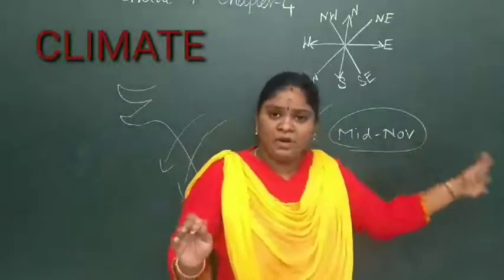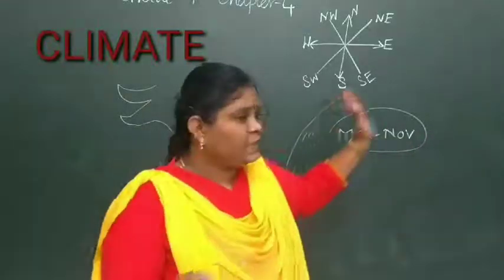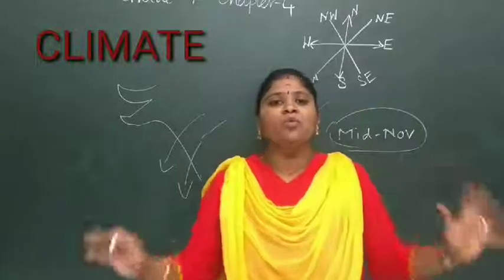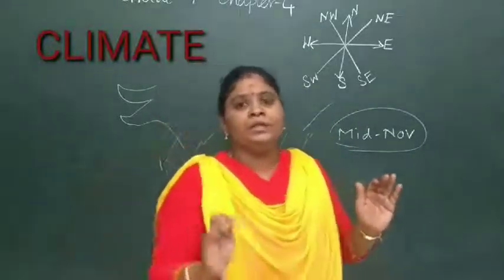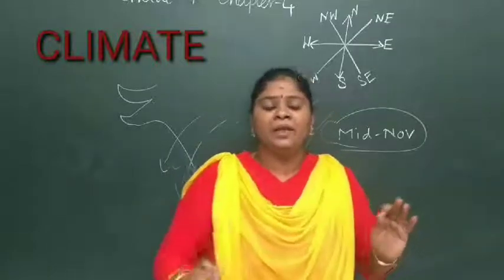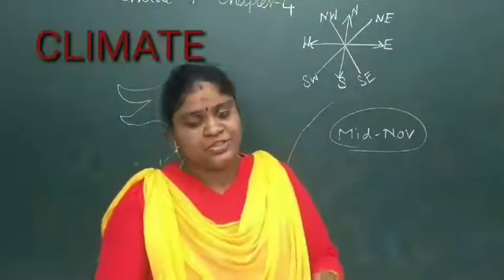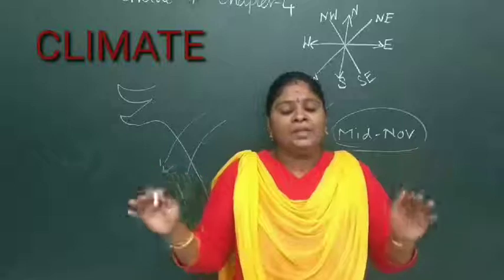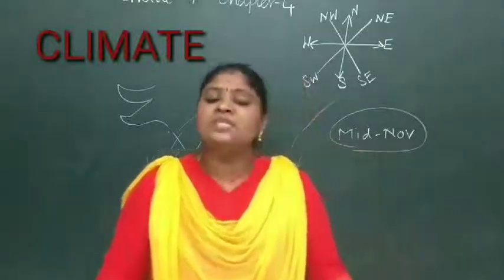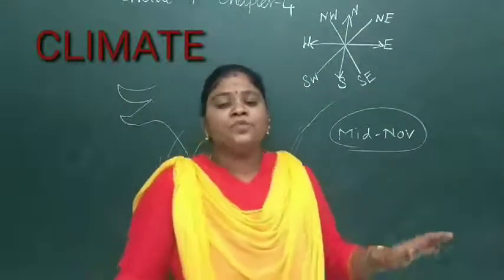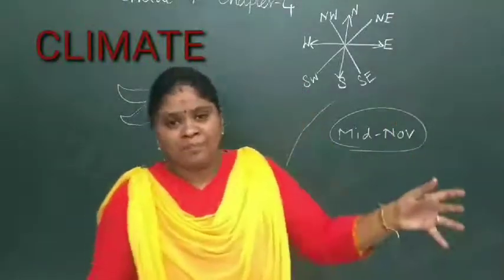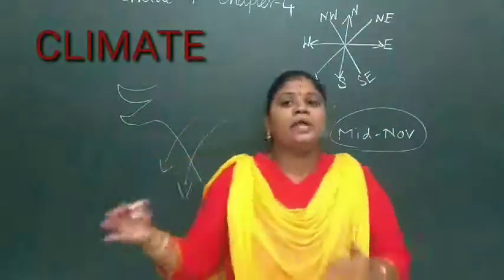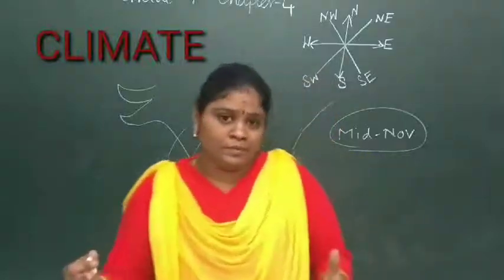Mid-November is when it starts, and December and January will experience very low temperatures, 15 to 10 degrees Celsius in the northern regions, and it may even go into minus degrees in a few places. So during this time the day will be warmer and the night will be much cooler.